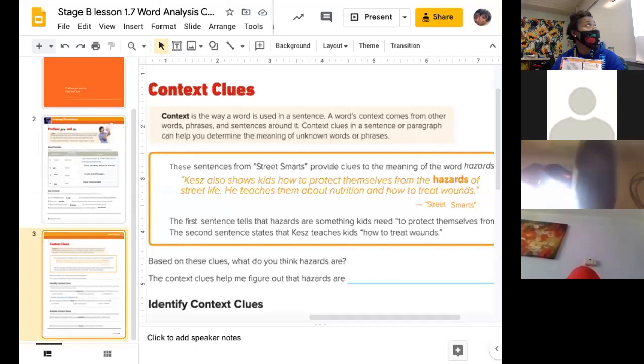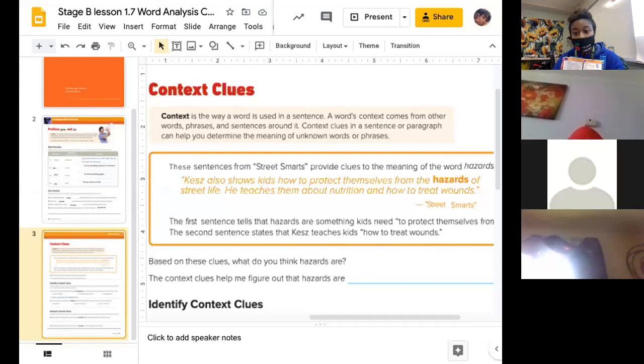Ivana, read that first sentence, starting with "Context is." You see the tan box on the screen, right underneath context clues in red.